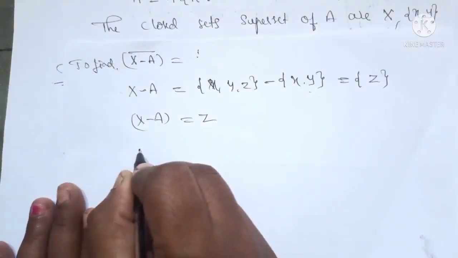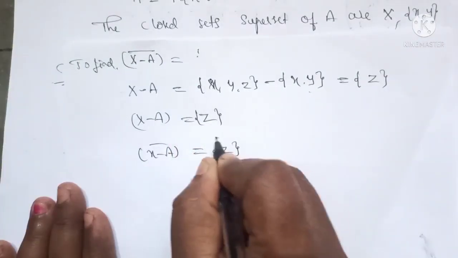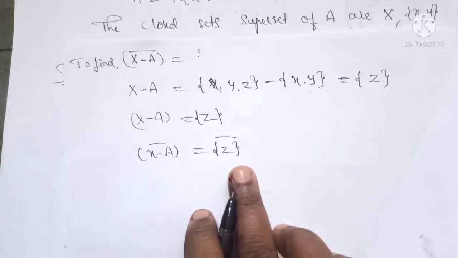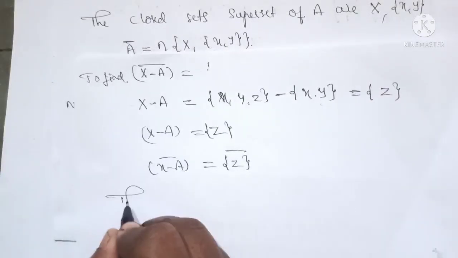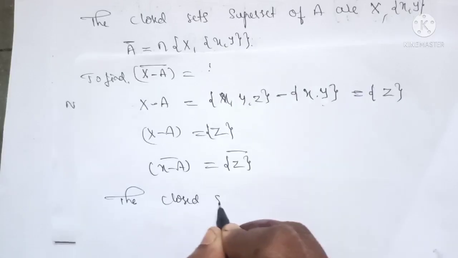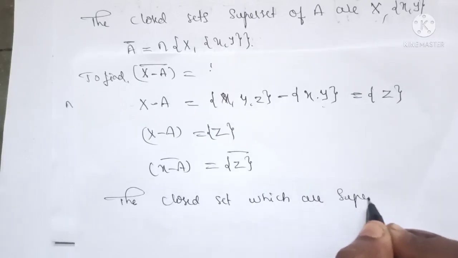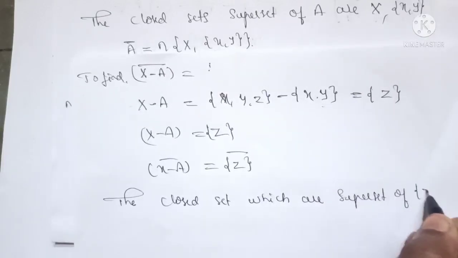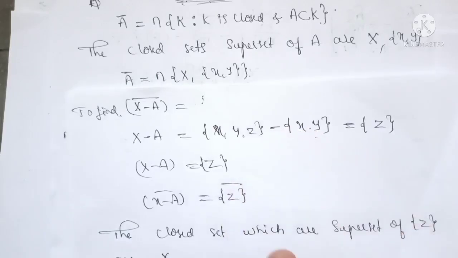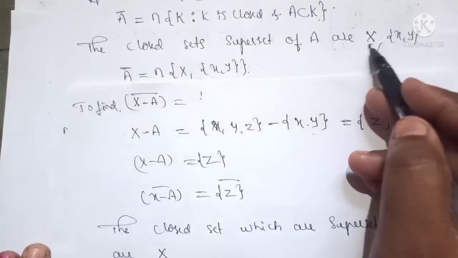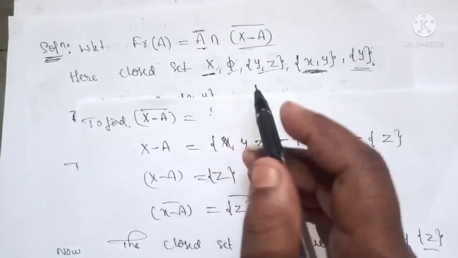Therefore X minus A closure is nothing but the closure of the set {z}. Now we check the closed sets which are supersets of this set {z}. First, obviously we get X. Now check the supersets of this {z}. The first one is X. It doesn't contain z, sorry, here we have closed sets, so this contains z.